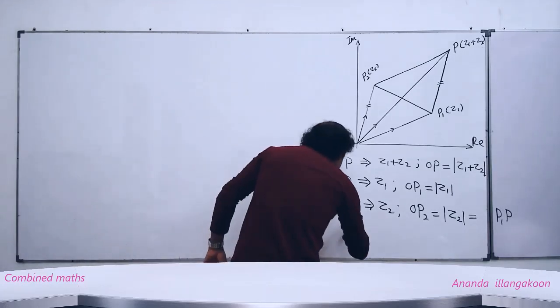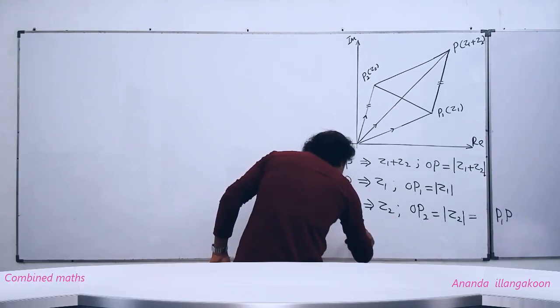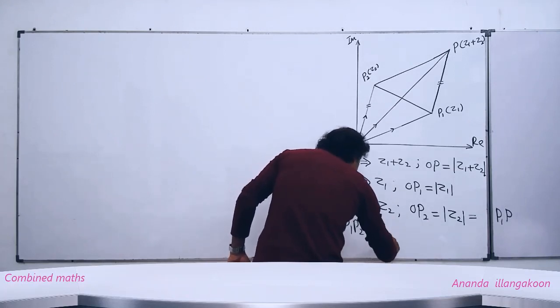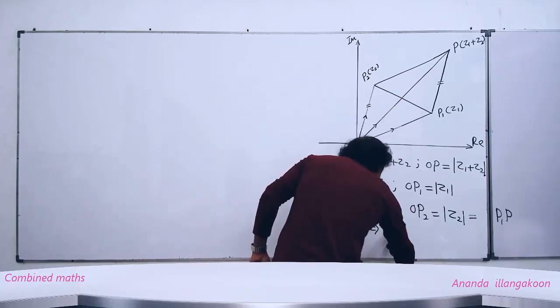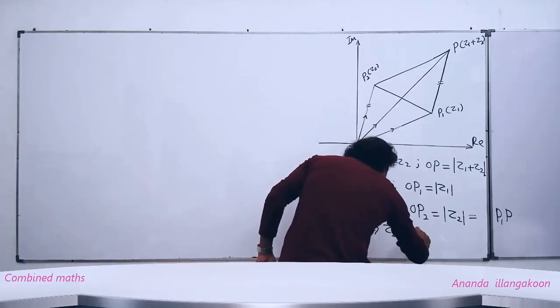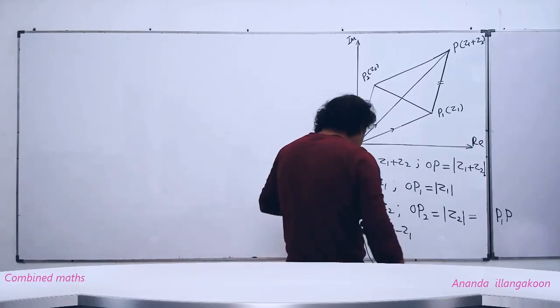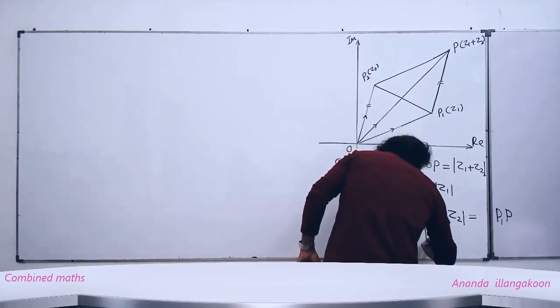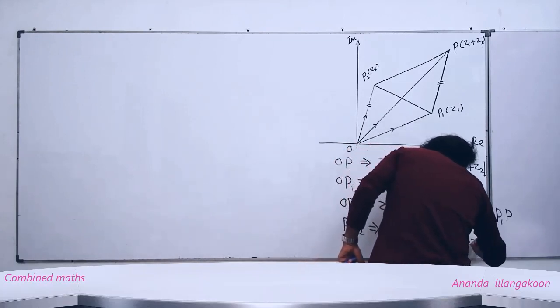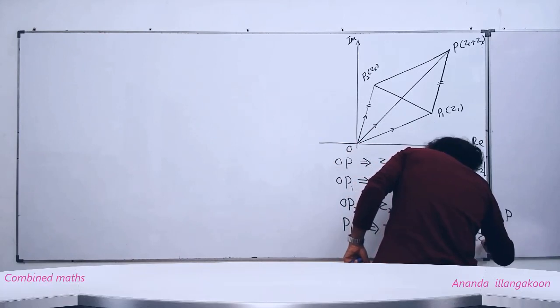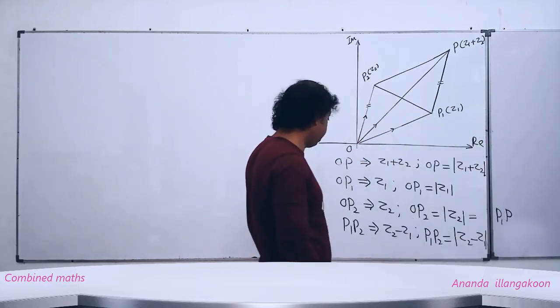Use the complex numbers for P1P2. Z2 minus Z1. Then P1P2 length equals modulus of Z2 minus Z1, no? P1P2 length.